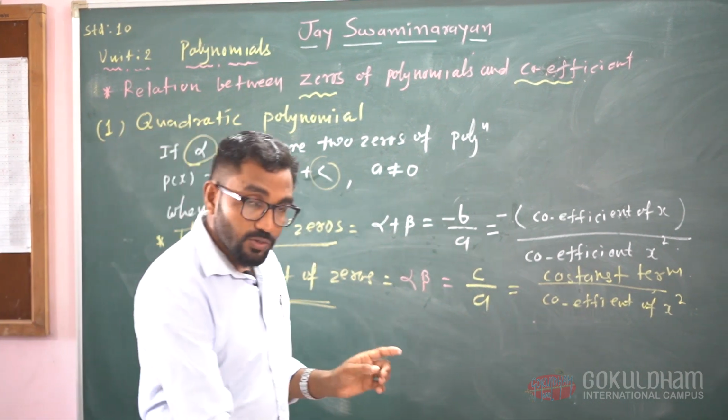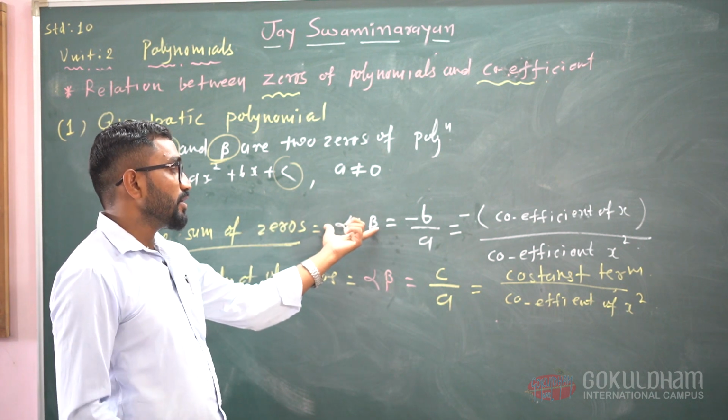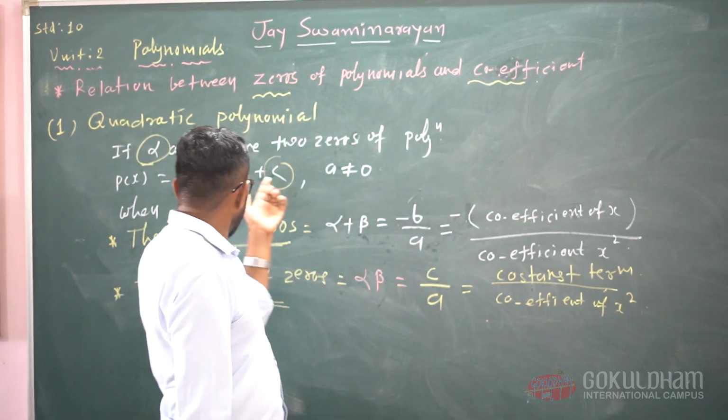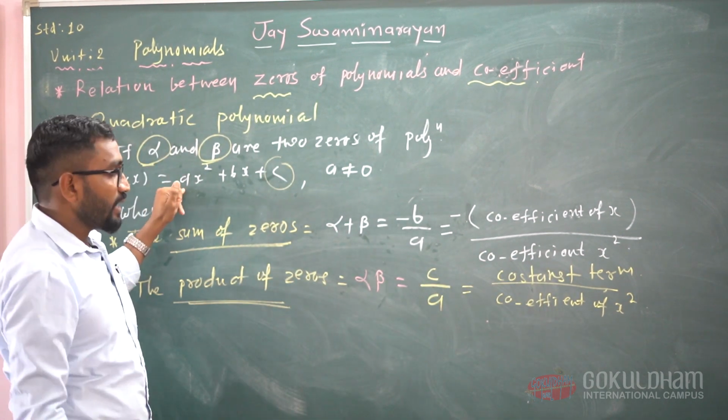Again, the two zeros are alpha and beta. Their sum is minus b by a, where b means the coefficient of x and a means the coefficient of x square.